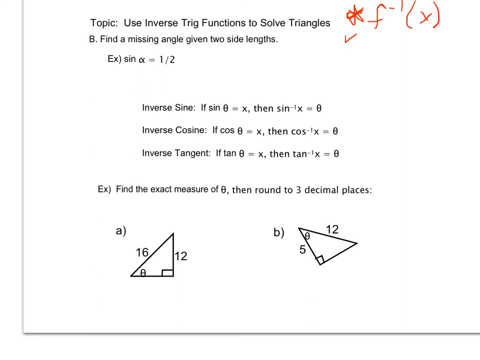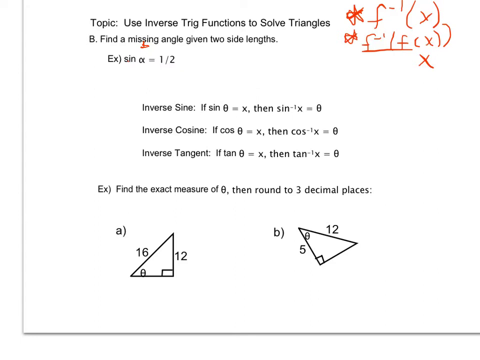Remember, we also learned that f inverse of f of x, essentially the inverse and the function cancel each other out, leaving us just with x. So when we are trying to determine what our angle is, when we are trying to get rid of a sine or a cosine or tangent, cosecant, secant, or cotangent, we can use our inverse.